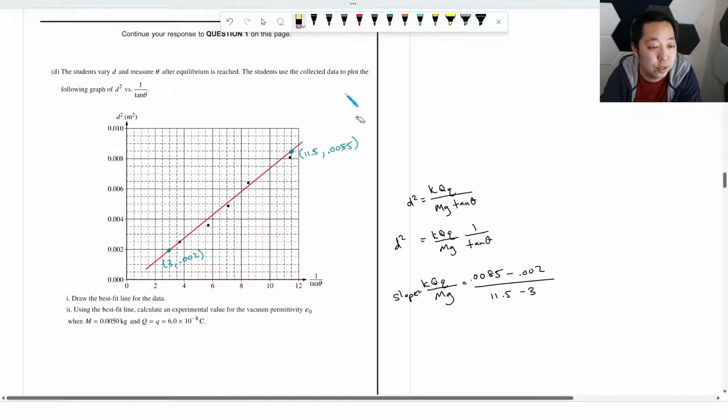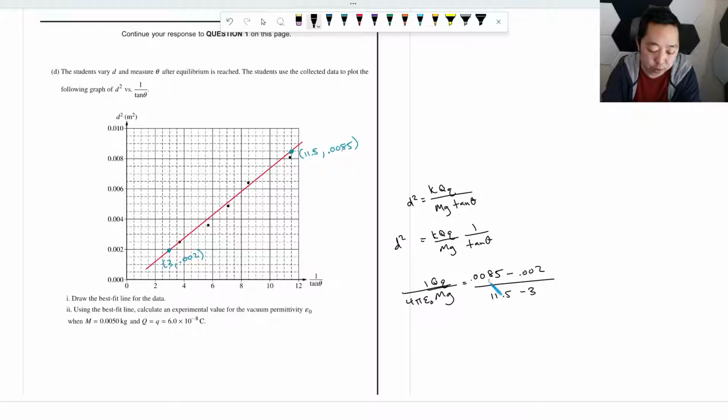Oh, this is why they wanted the permittivity. That's why they're making you write all this. Okay, fine. 1 over 4 pi epsilon naught. Okay, happy? So we're going to take this number calculation divided by 11.5 minus 3. It's entirely possible I entered stuff into the calculator wrong, so you're just going to have to live with that part.